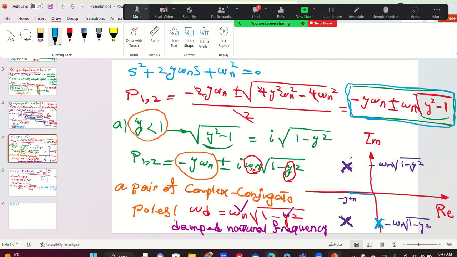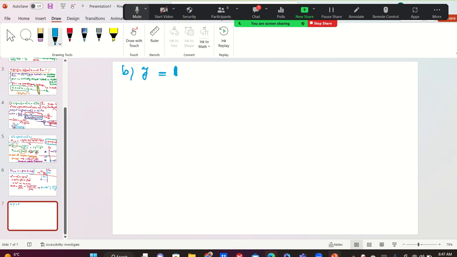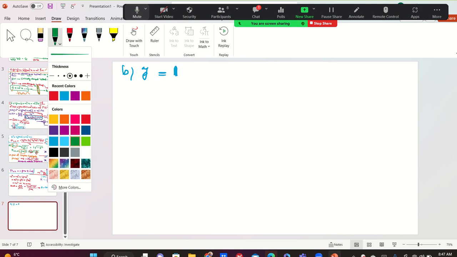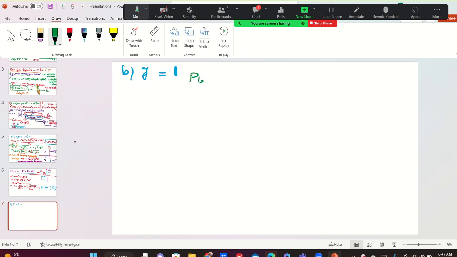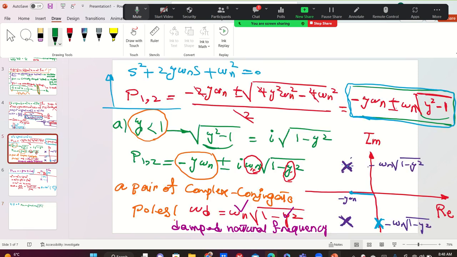I'm just writing here before going to A. So the poles of the system that we derived originally were minus zeta omega n plus or minus omega n square root of zeta squared minus 1. See, I'm just copying from here.